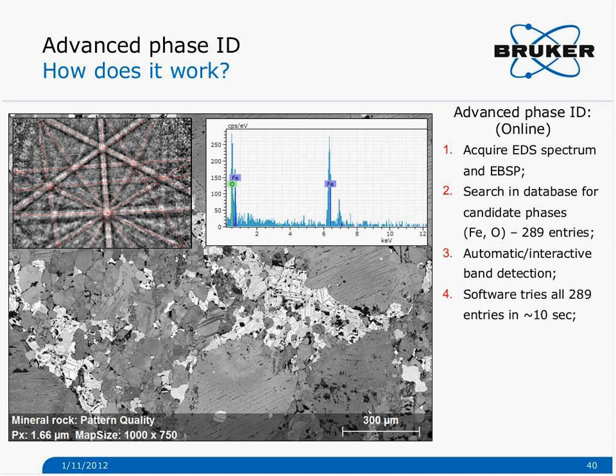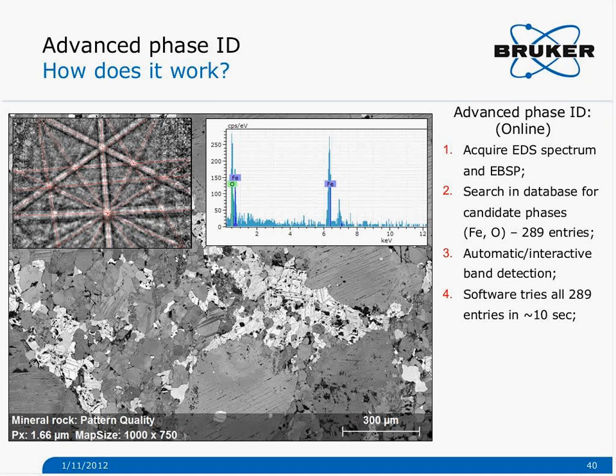And step 4, which is actually the most important part of the phase ID, and the one that makes a big difference as compared to the conventional phase ID, is that the software automatically tries all 289 phases, and this happened in approximately 10 seconds.